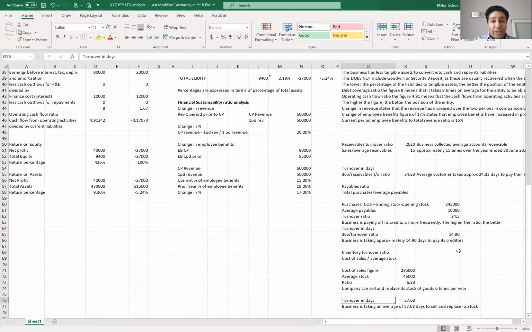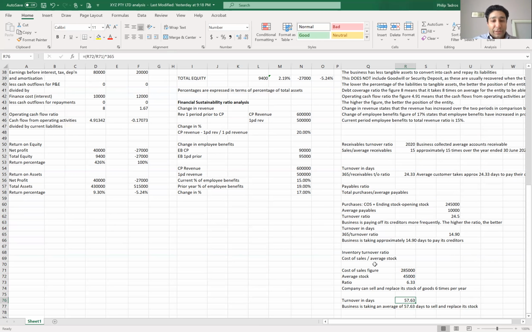And the inventory turnover in days, again, 365 divided by this. Or you take into account, let me see, the average stock divided by the cost of sales multiplied by 365.